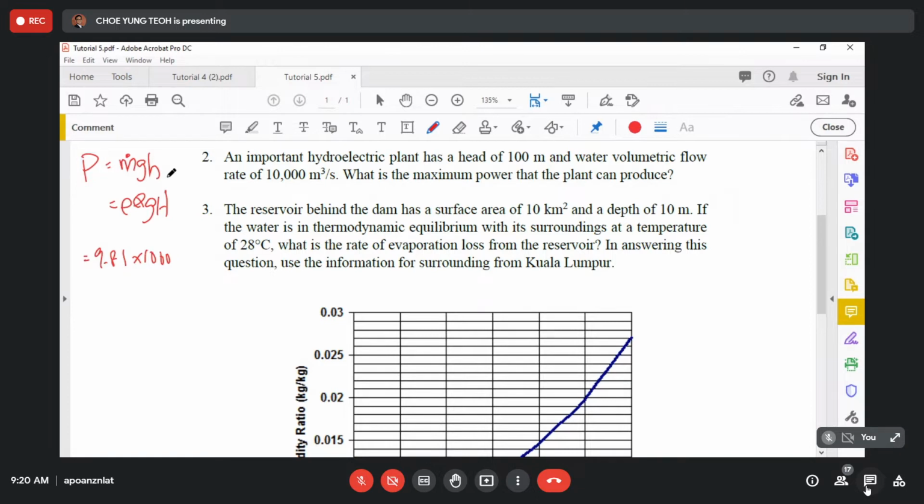Sorry, rho is not 9.81. Rho is the density of water, 1,000, times 10,000 flow rate, times 9.81, times the head of 100. Then you will get the maximum possible power of the hydro power plant. Okay, sounds easy.